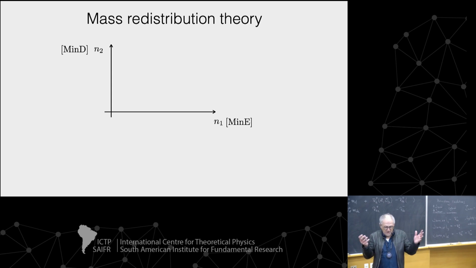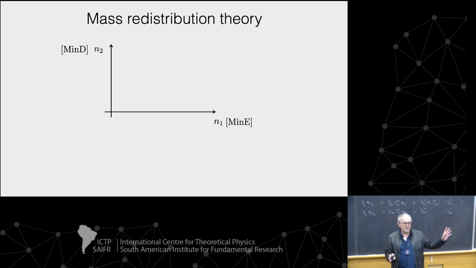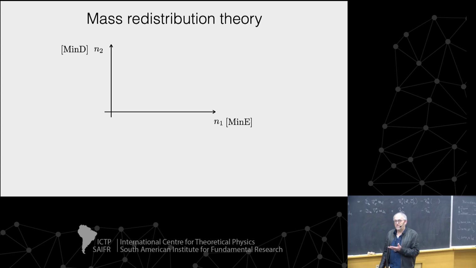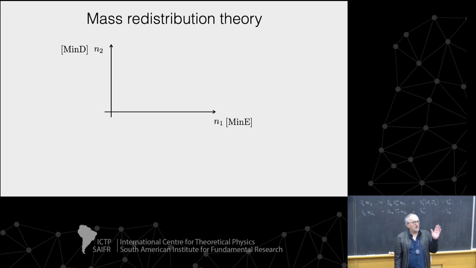Now, once you have this phase space of MinD and MinE, and you assume it's well mixed, as we did for the 2-component system, what can you do? You can do a bifurcation analysis. You can study what kind of fixed point structure you have as a function of these 2 control parameters.